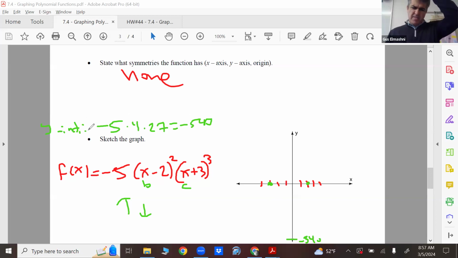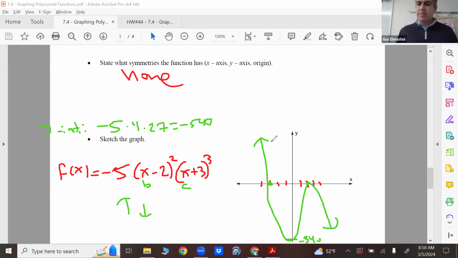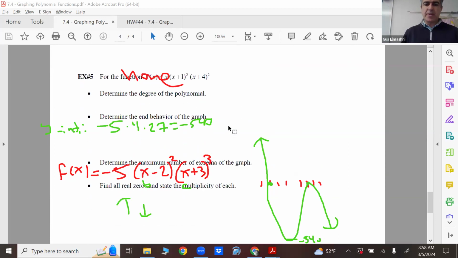And we bounce at 2, we cross at negative 3. We bounce here and we come back down again. There's a graph. That's it. So all right, once you get the hang of it, you go pretty fast with this.